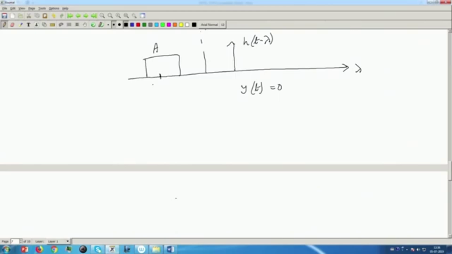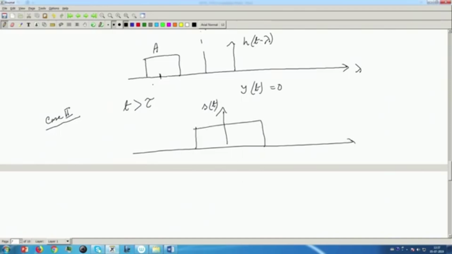Similarly, in case 2 I have t greater than tau. Again, s(lambda) is as before, not s(t), because the running variable has changed.